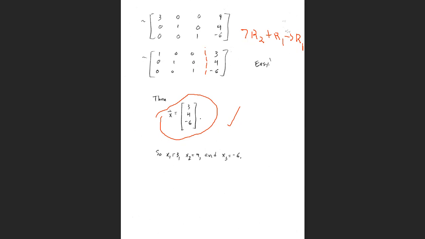The question is then, how do we take a matrix A and write it as L times U? How do we take a matrix A and get this LU factorization?